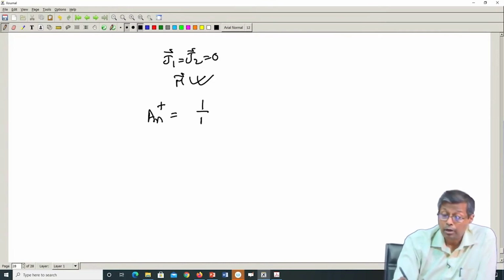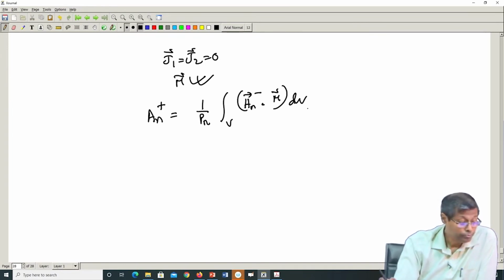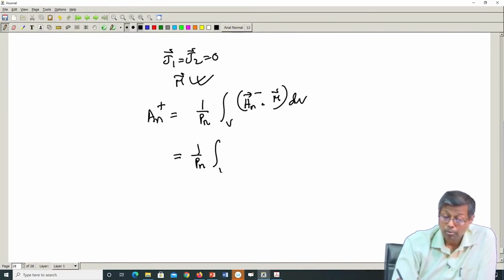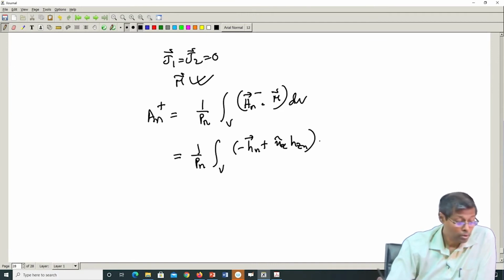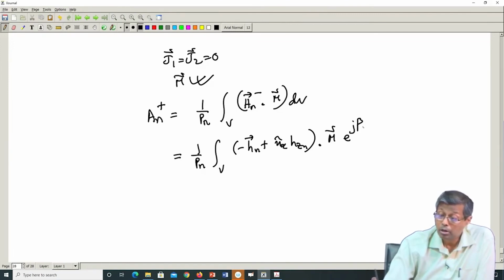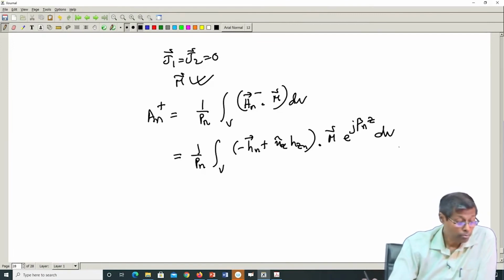So, there we will find A n plus is 1 by P n volume integral H n minus dot M dV, that is 1 by P n volume integral minus H n plus u z H z n dot M e to the power j beta n z dV.